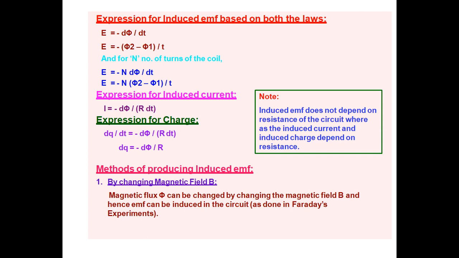According to Faraday's law of electromagnetic induction, the magnitude of the EMF induced in the circuit is equal to what? The rate of change of magnetic flux linked with the coil. And Lenz's law says the polarity of the induced EMF is such that it tends to oppose the change in the magnetic flux that produced it.